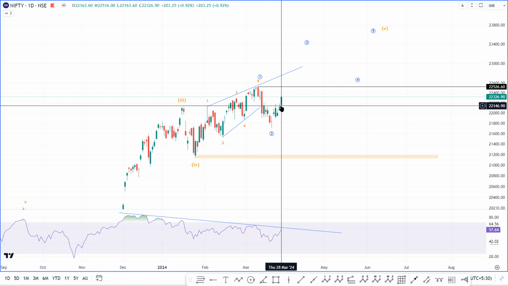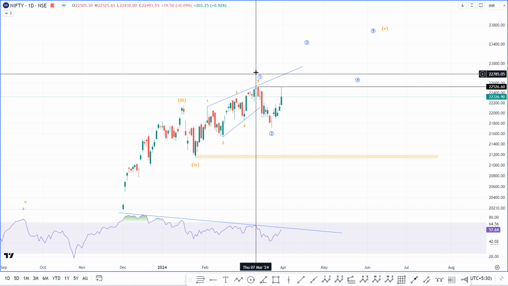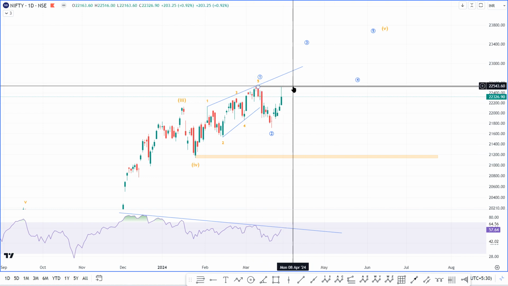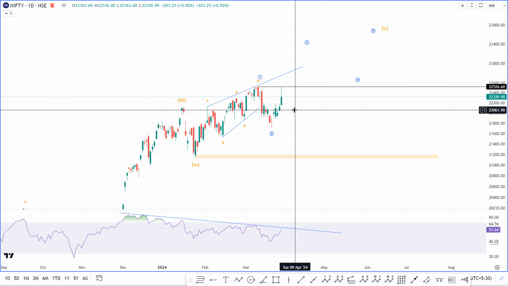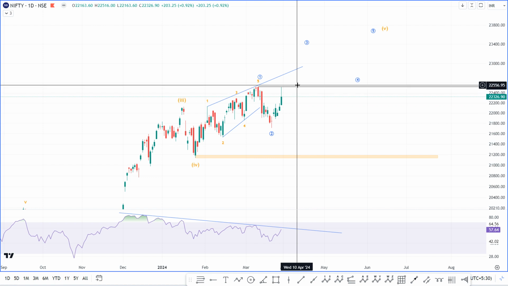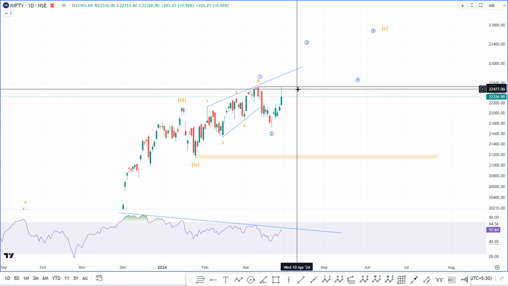Okay, if it has to be case one, ABC correction, then today's or Friday's high has to be protected. It does not have to close above or trade above that high, so it has to trade below Friday's high.